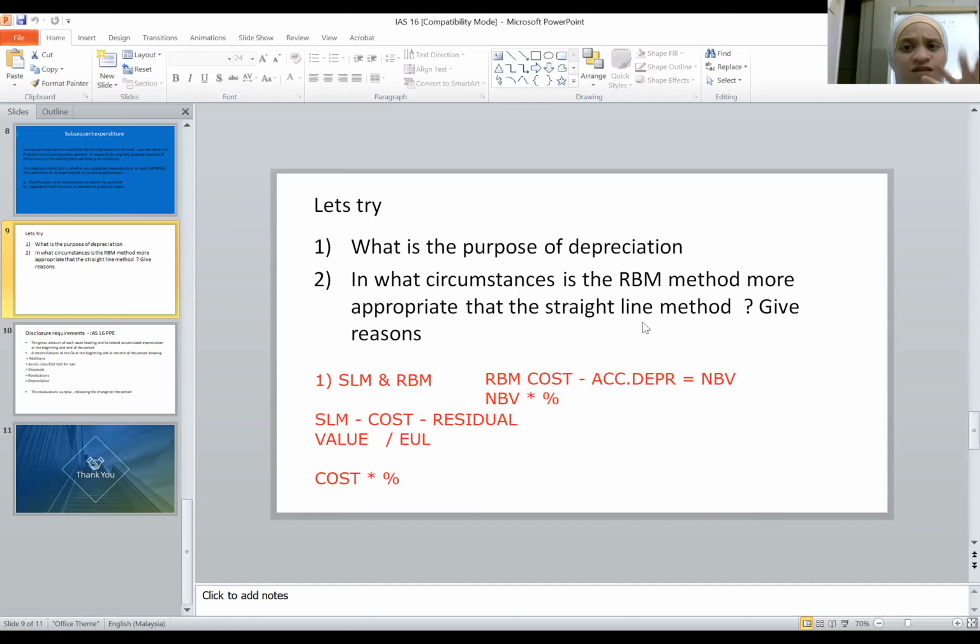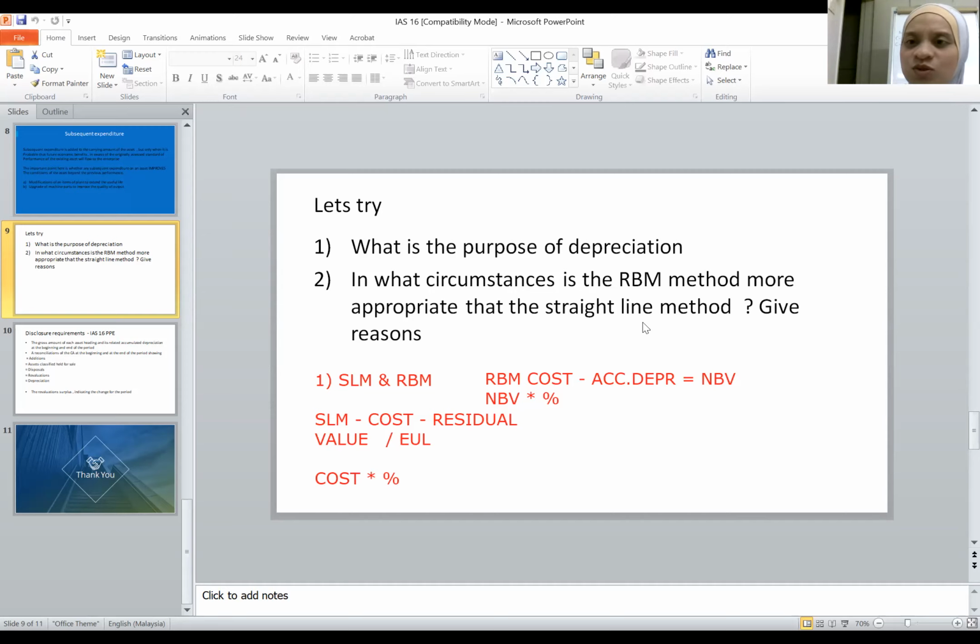Dia macam tu. Contoh macam rumah. Okay, rumah you tak boleh nak pakai reducing balance method. Sebab rumah yang madam duduk ni berapa tahun dah, zaman masa madam sekolah rendah lagi rumah ni. Sekarang madam berumur 34, so dah 34 years madam mengenal rumah ni.